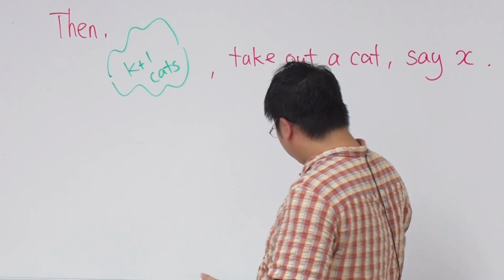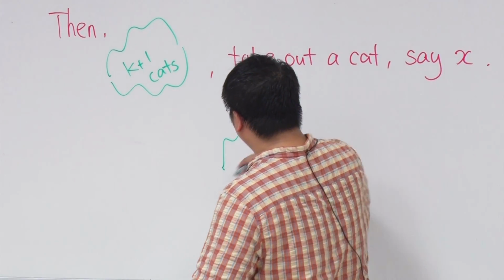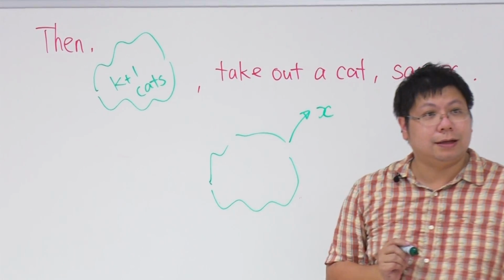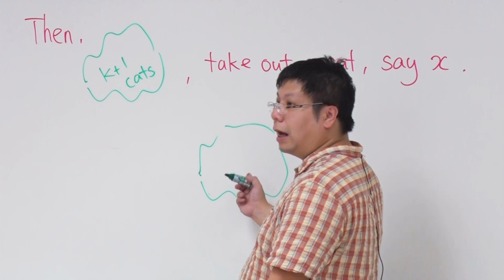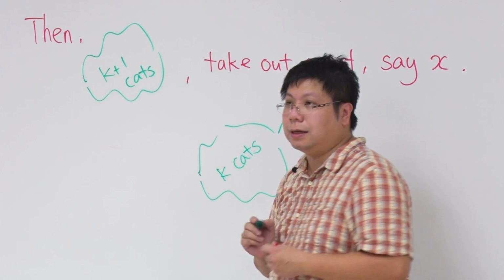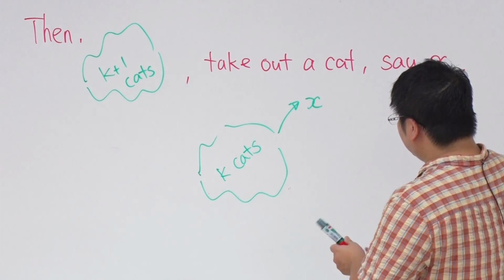So we have k plus 1 cats, we take out x. Is that okay? So what does that mean? There are going to be k cats here. We take out x.